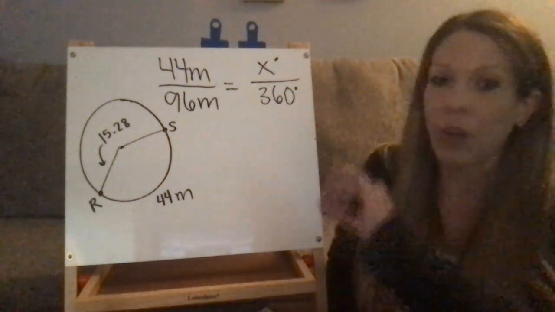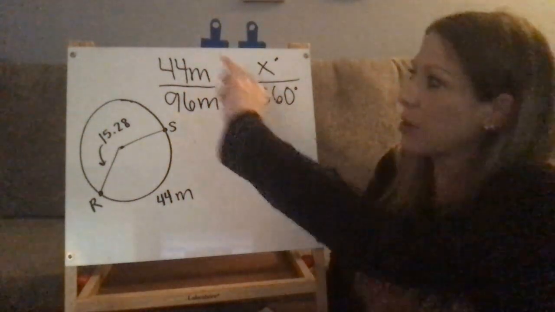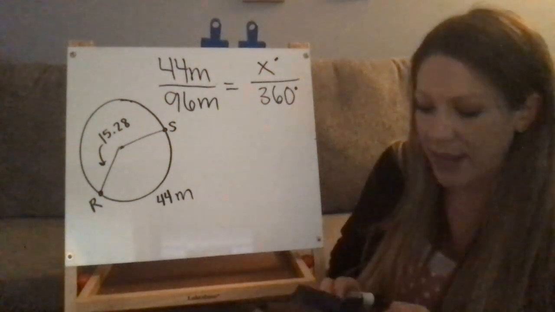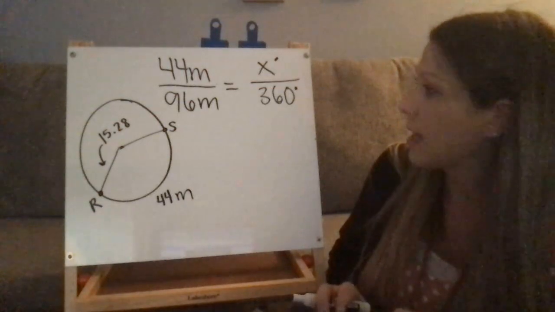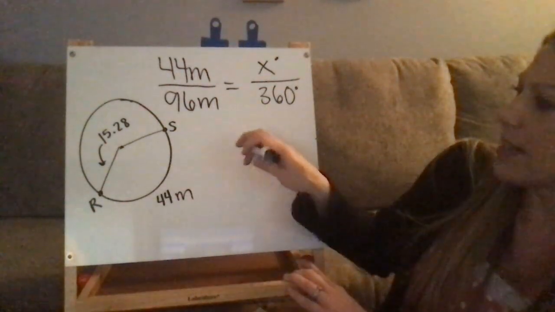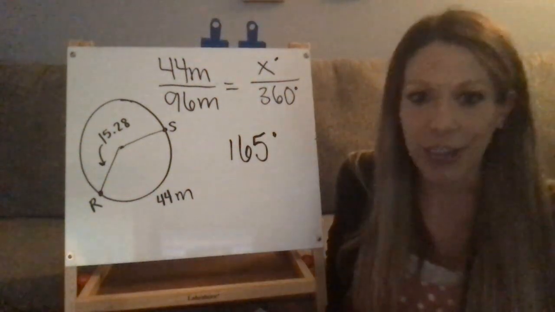So the distance around the whole circle is 96 meters. The distance around the part we want is 44. Now we cross multiply to find out how many degrees that is. So 44 times 360 divided by 96. That means from R to S is about 165 degrees.